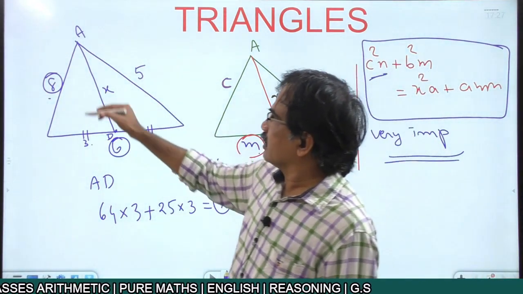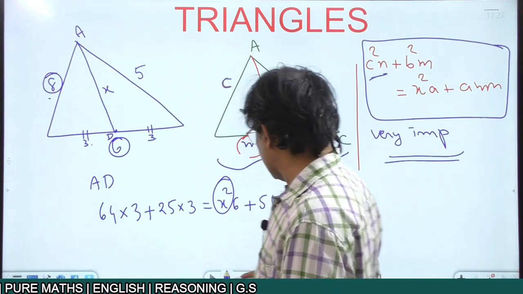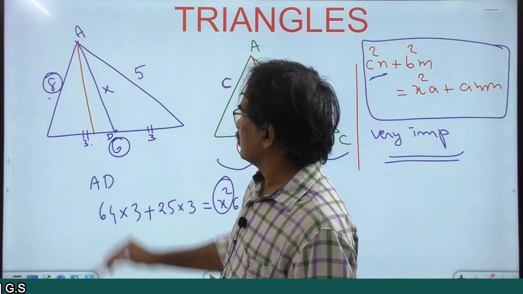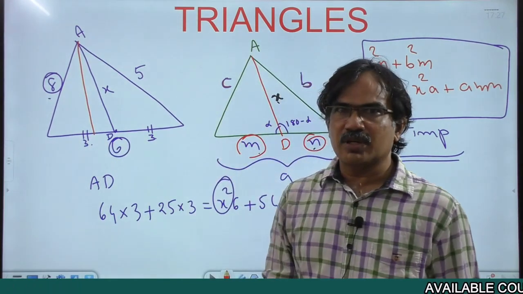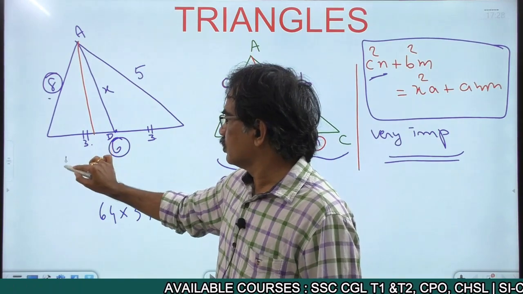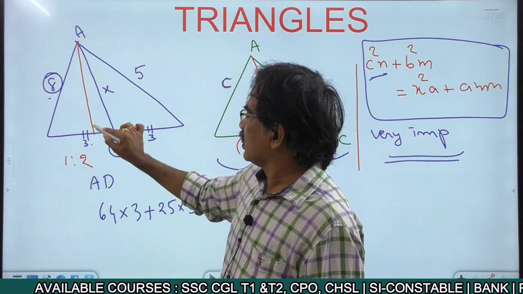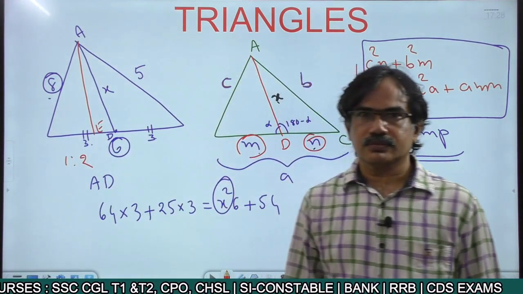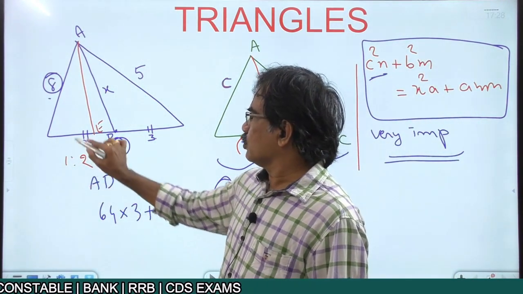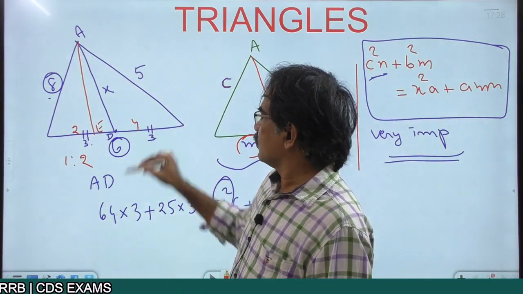Not only the median, if there is a line like this, and this total 6 centimeters is divided in the ratio 1:2, then what is the AE length? 6 is divided into 1:2, so this is 2 centimeters and this is 4 centimeters.